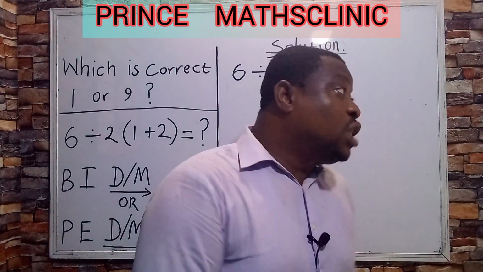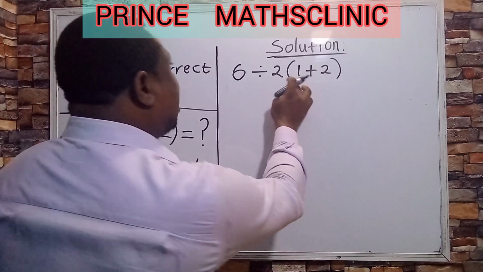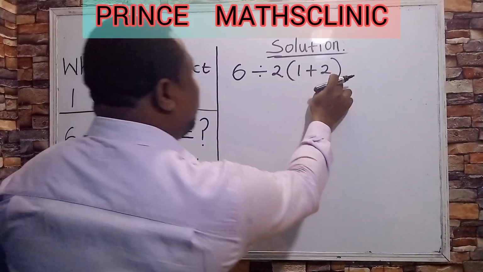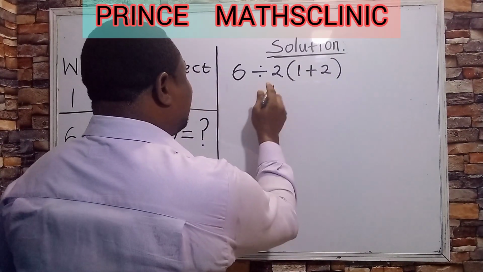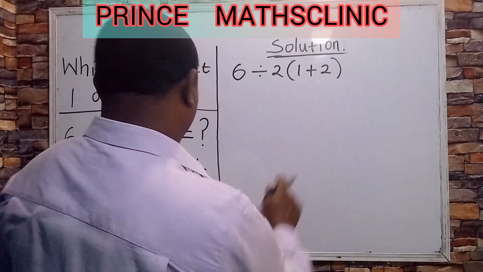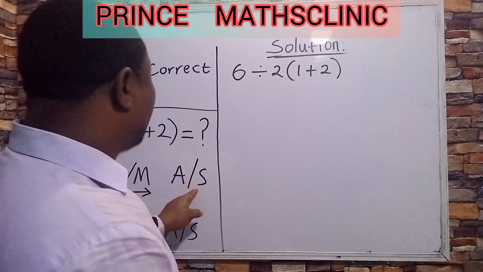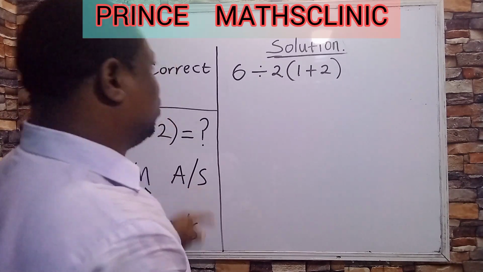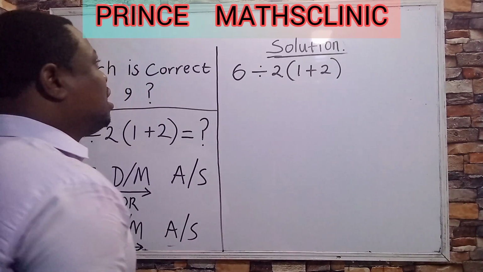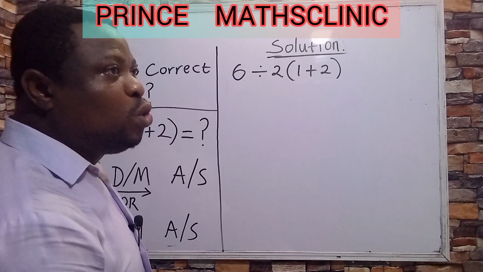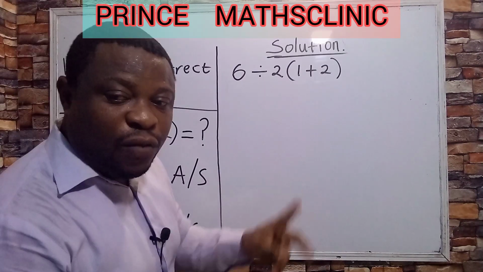So now, using that same principle here, what's in our bracket? Our bracket is 1 plus 2. So I'm going to write this in order to get that solution. It says bracket, index, division, multiplication, addition, and what? Subtraction. So now, but interestingly, what can we do to this? I'm going to treat it in 2 different ways.